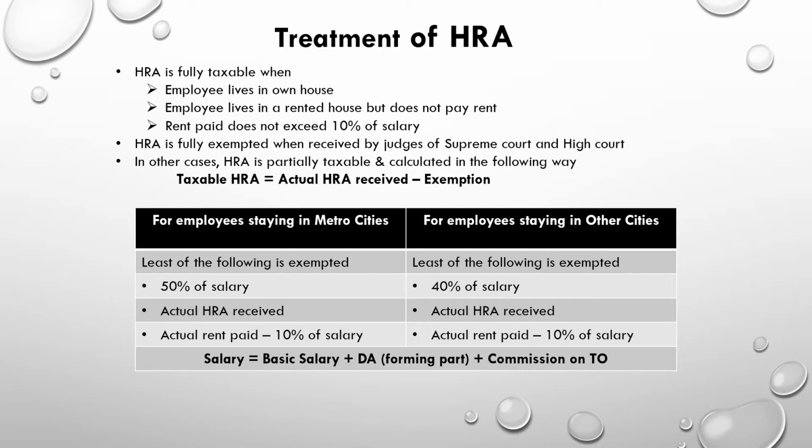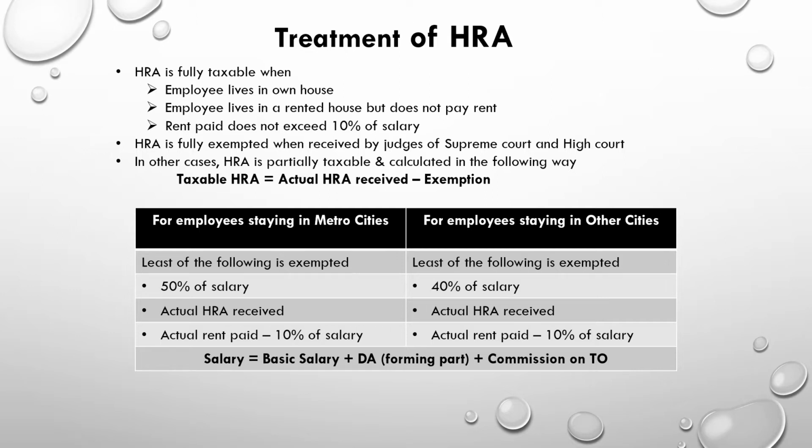HRA is fully taxable when the employee lives in his own house, or the employee lives in a rented house but does not pay rent, or the rent paid does not exceed 10% of salary. HRA is fully exempted when received by judges of the Supreme Court and High Court.